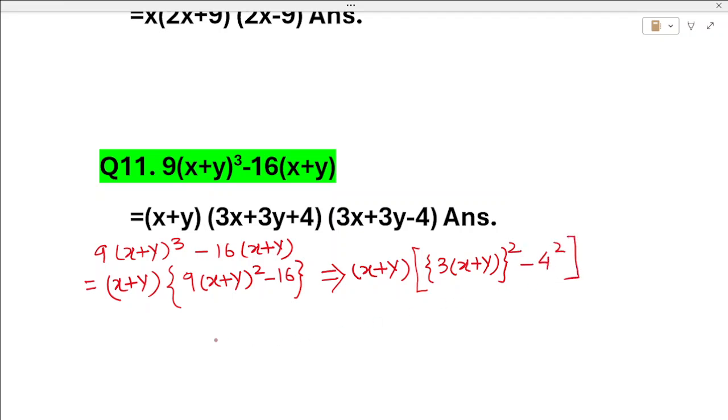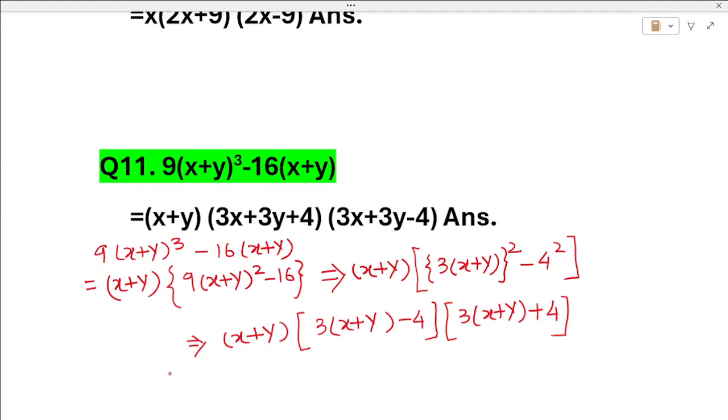Now x plus y is common there, taken out, and then the sum and difference. 3x plus y, 3x plus y minus 4. This is one thing, correct? And this is another term: x plus y, plus 4.